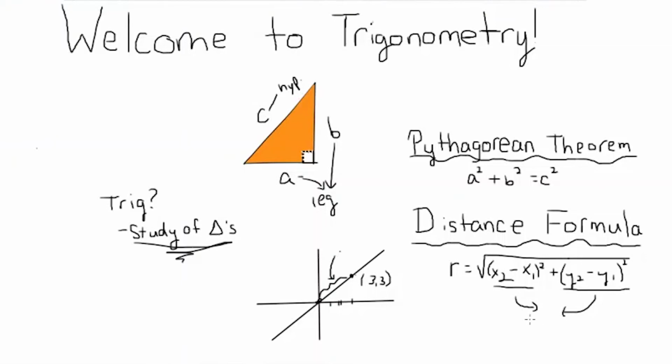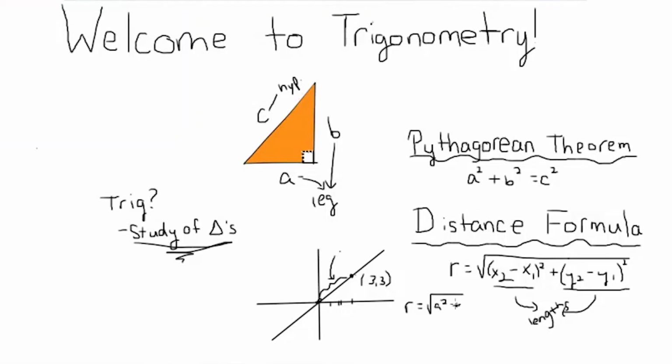Thus, they can be substituted with A or B. Then it would be r equals the square root of A squared plus B squared.